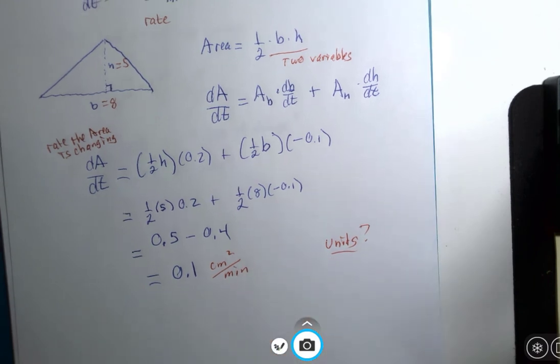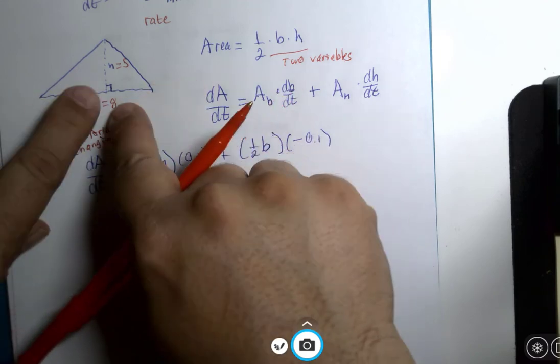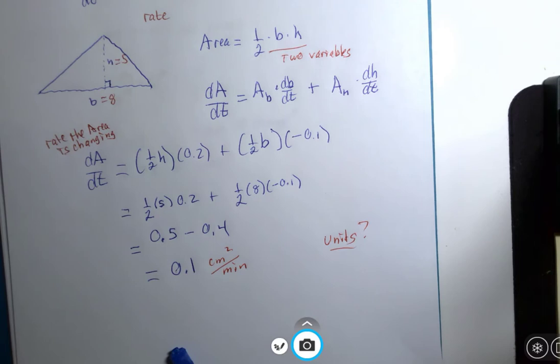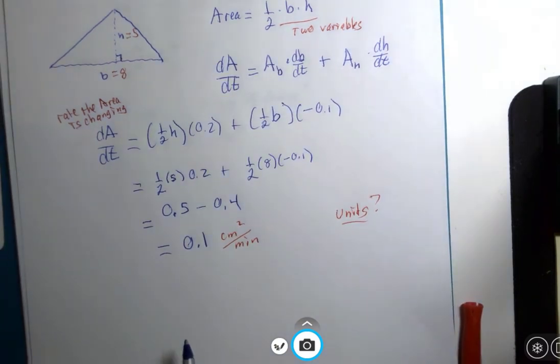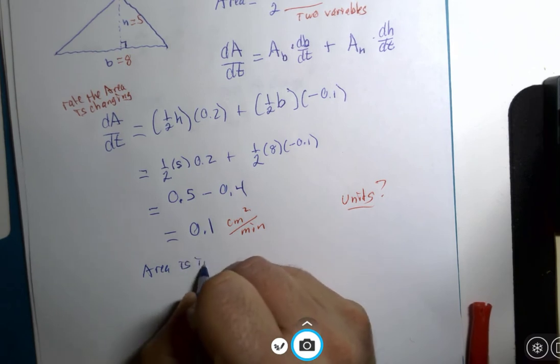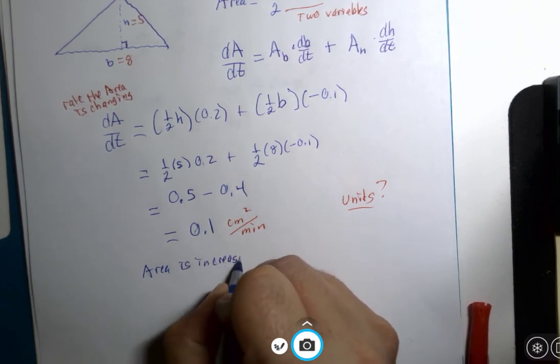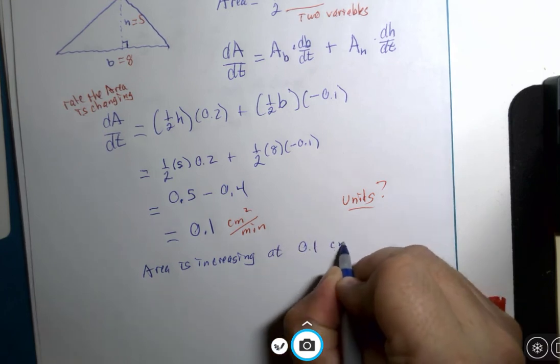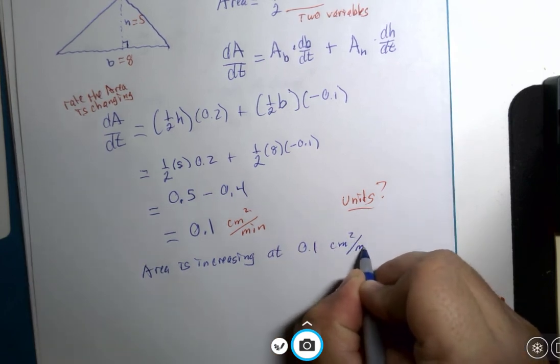Now, what does it all mean? Well, it means if the base is increasing and the height is decreasing, that the area is increasing at 0.1 square centimeters per minute.